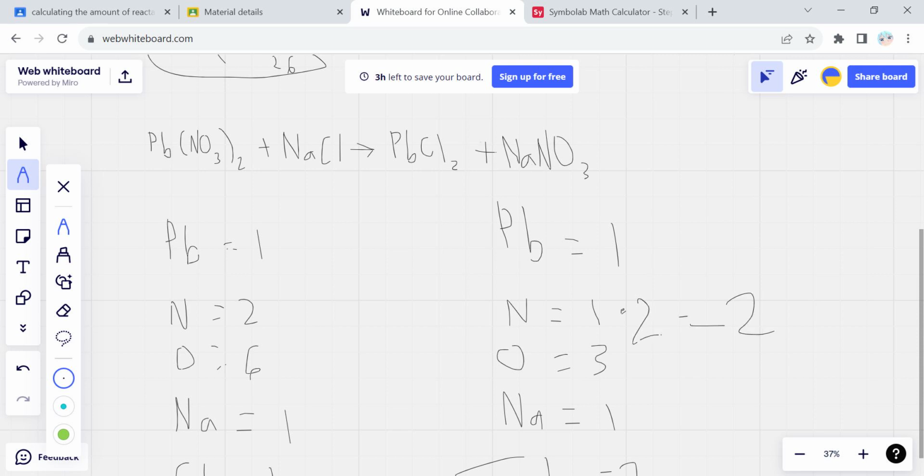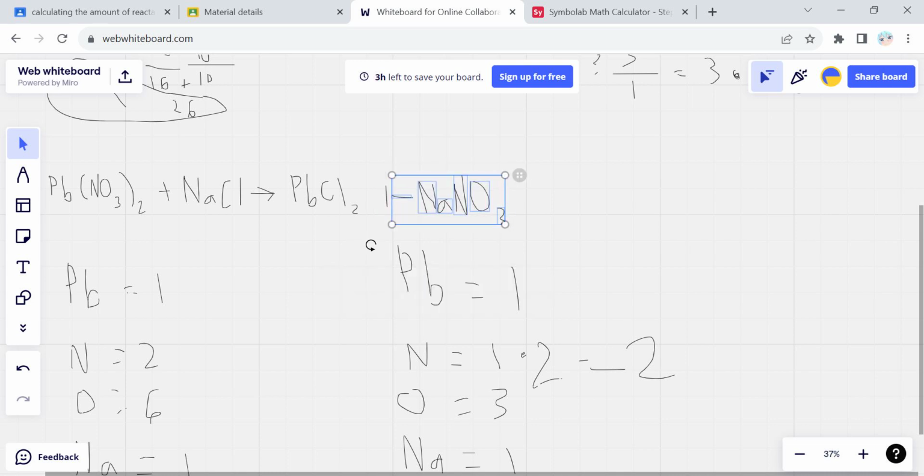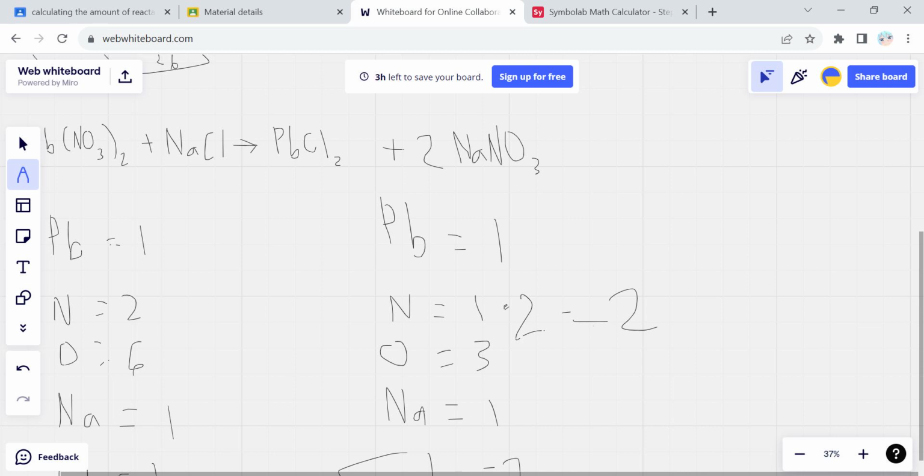So if we add 2 here, now our nitrogen is 2.